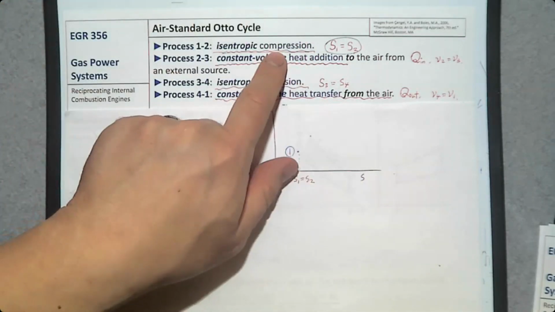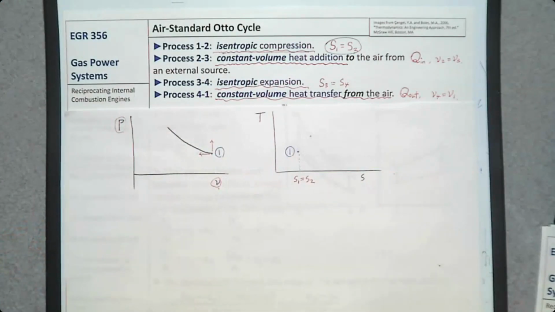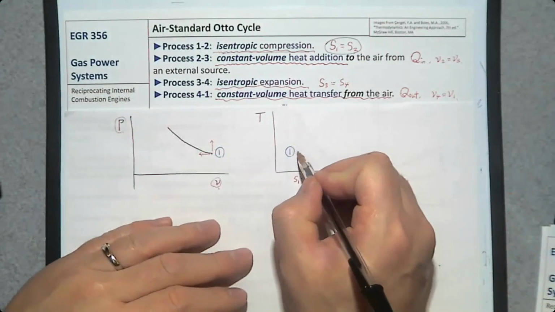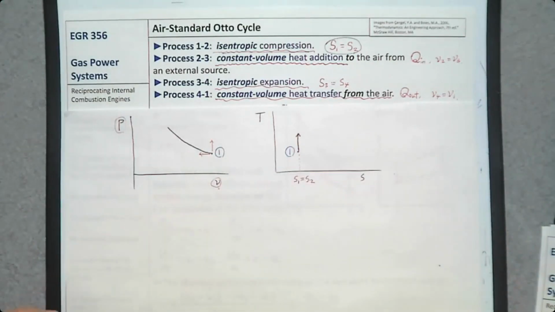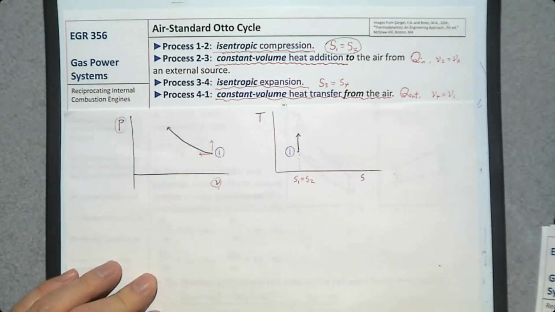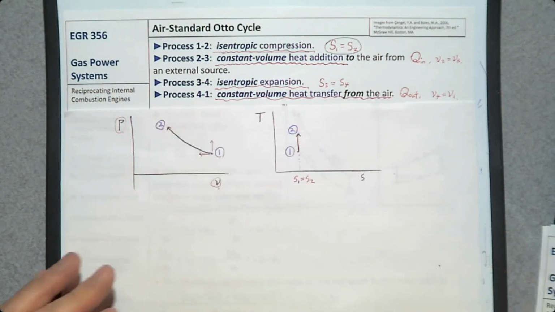Since it is a compression process, temperature should go up. So process 1 to 2 is going to be this one here. So here is number 2, and here's number 2.